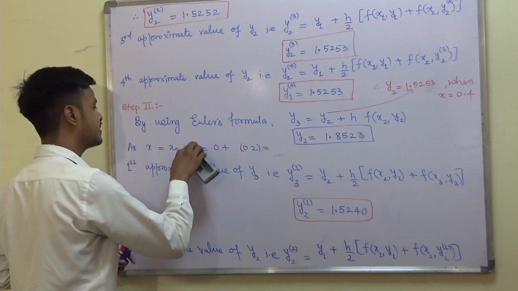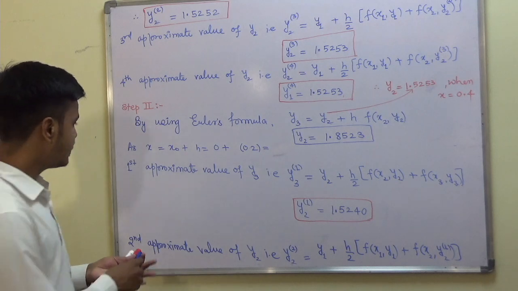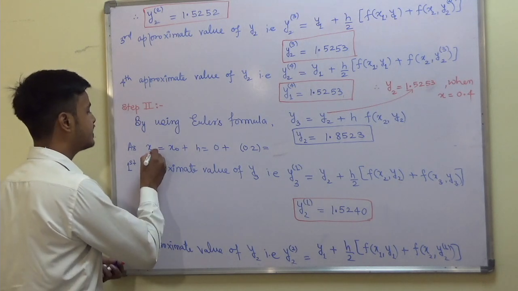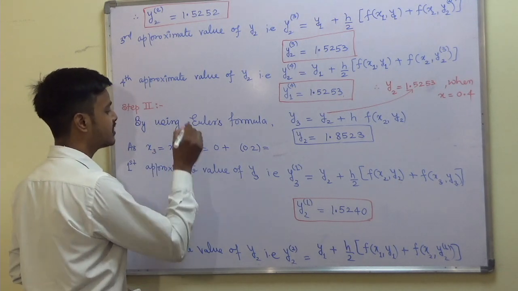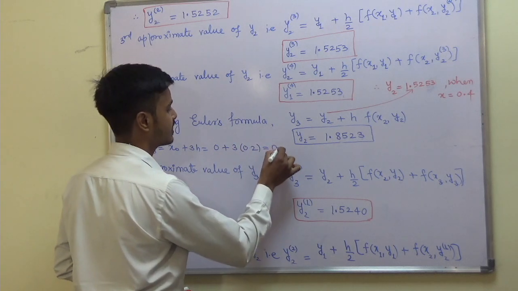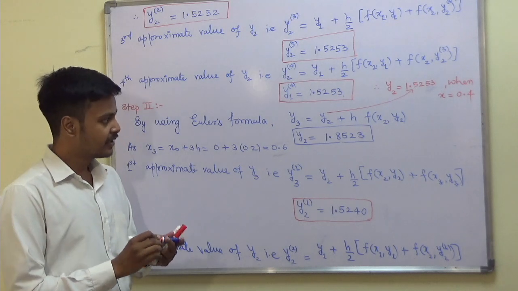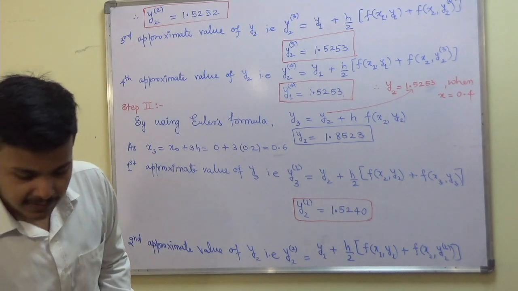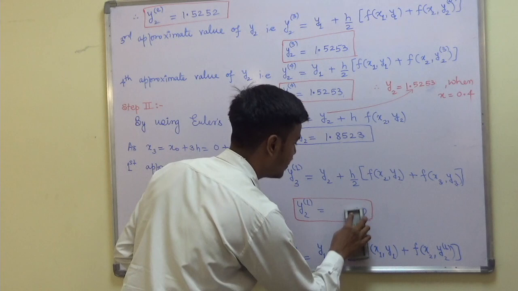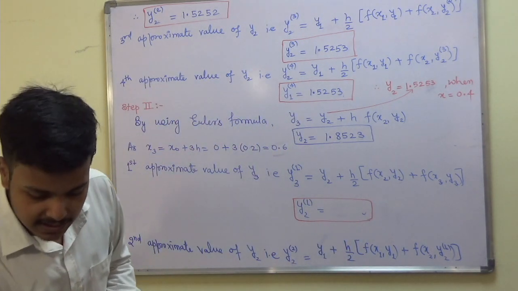So what is x3? Do you remember? x3 is x0 plus 3h. So 3 times 0.2, that is 0.6. So what values are we getting? We are getting 1.8860.